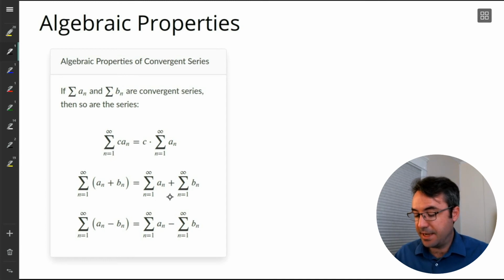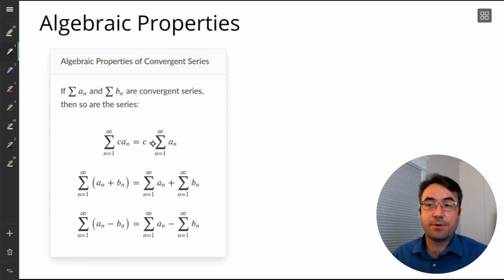So what this is saying is we can add two convergent series together and the result is convergent. We can subtract two convergent series. The result is a new convergent series. Or we can take a convergent series, multiply it by a constant, bring the constant inside, or bring the constant outside, and the result is still convergent.